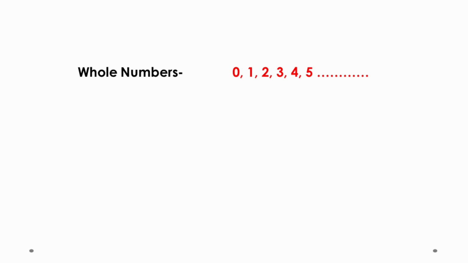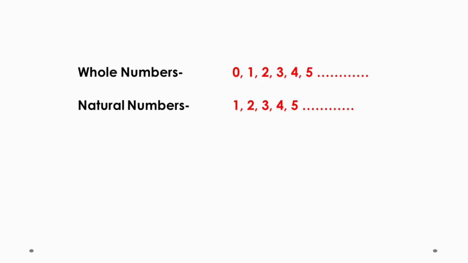The next set of numbers is natural numbers. Natural numbers start from 1 and go on till infinity, like whole numbers. The difference here is that it does not have 0. So, a list of natural numbers would look like this: 1, 2, 3, 4, 5, and so on.